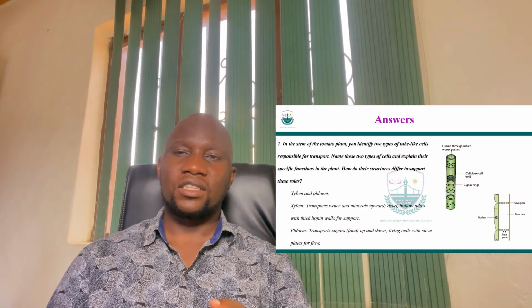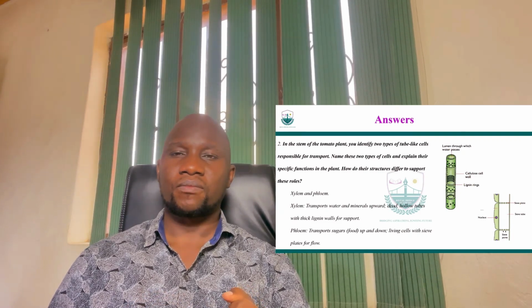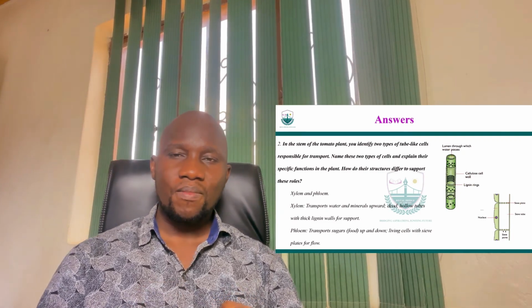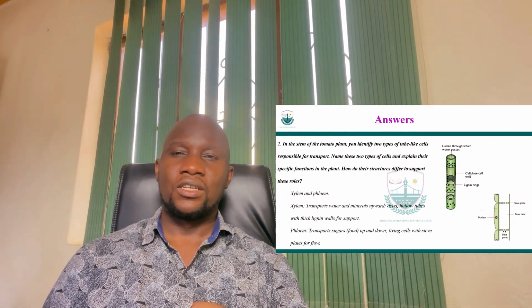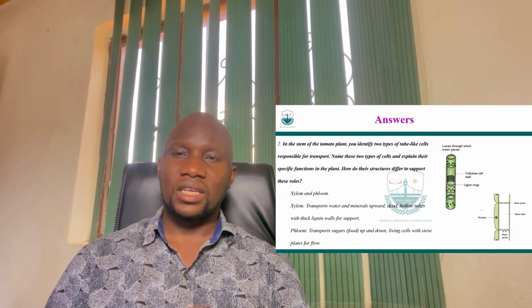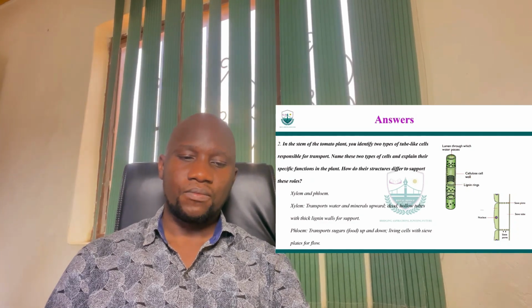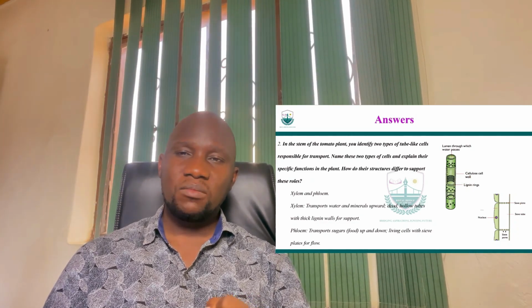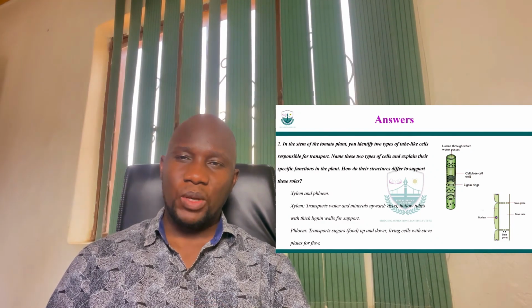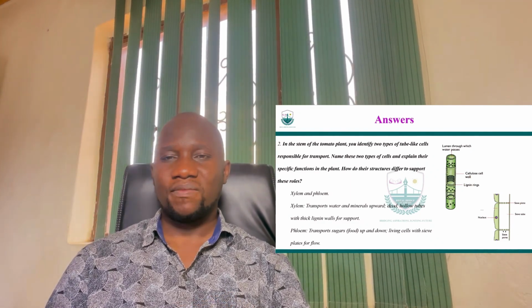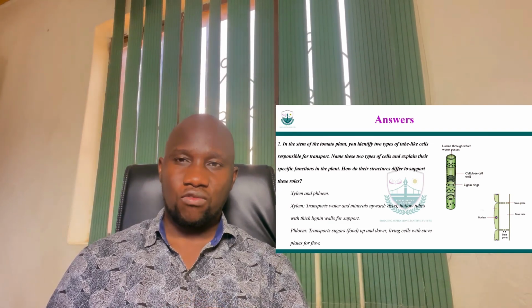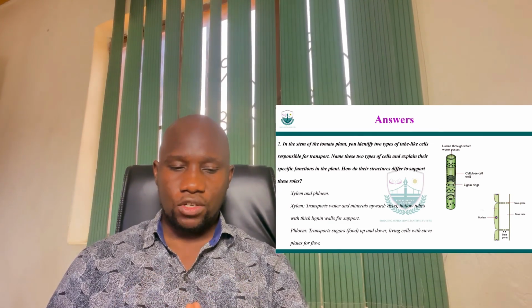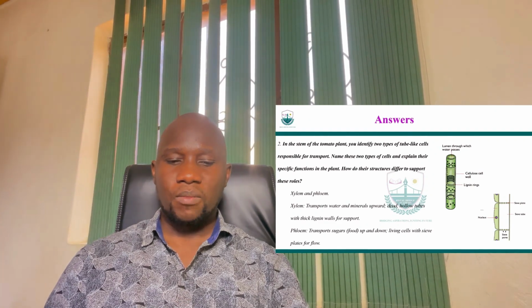So you have the phloem and the xylem. Those are the two types of cells that you find there. The xylem is for transportation of water and mineral salts, and the phloem is used for transportation of food, basically the sugars.